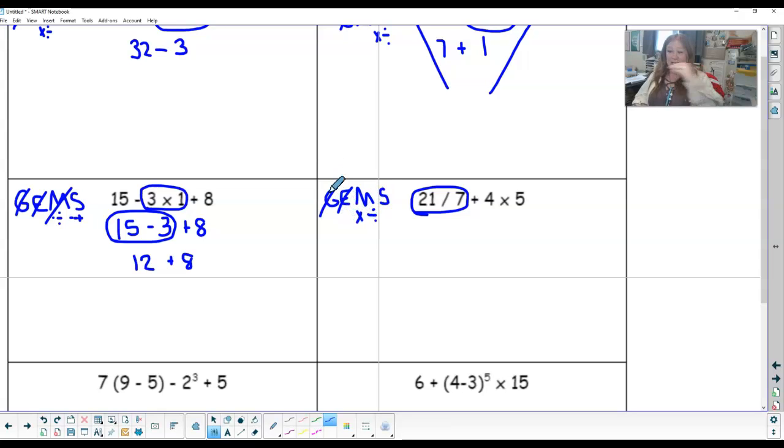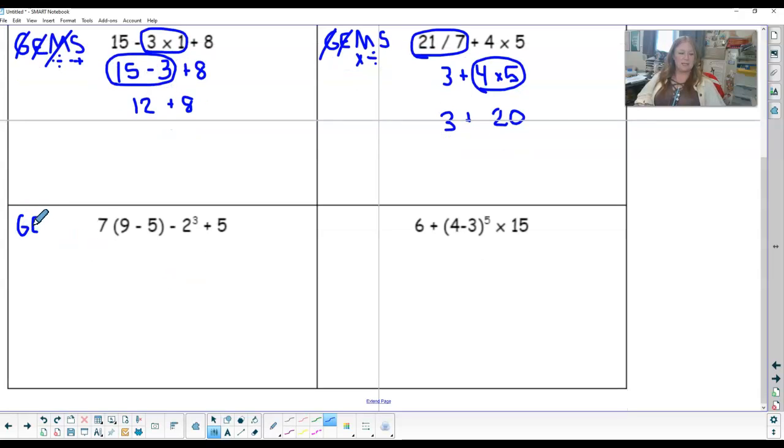Multiply and divide are the same, just opposite. So we do whichever one we come to first as we read. So 21 divided by 7 is 3. We bring everything else down. So we're still on the M. So no, but yes. 4 times 5. 4 times 5 is 20. And then we're just left with one thing to do. So you can go ahead and finish that.